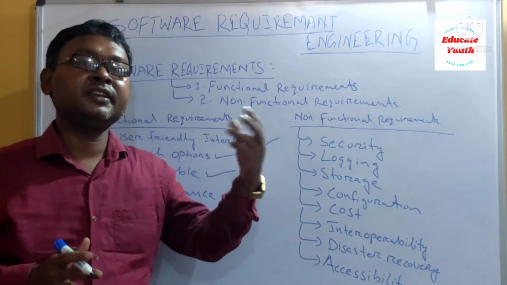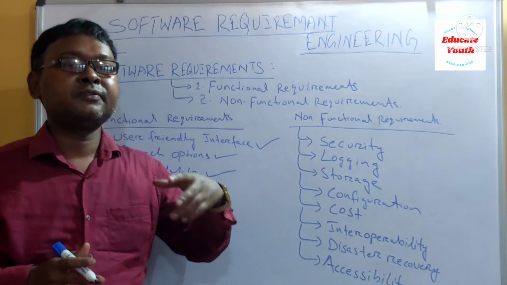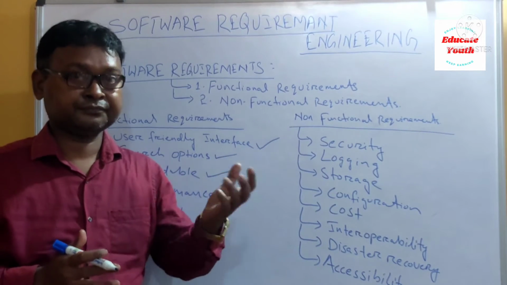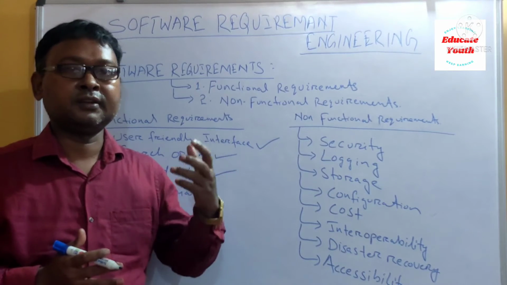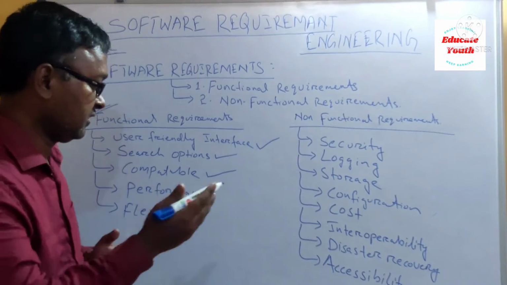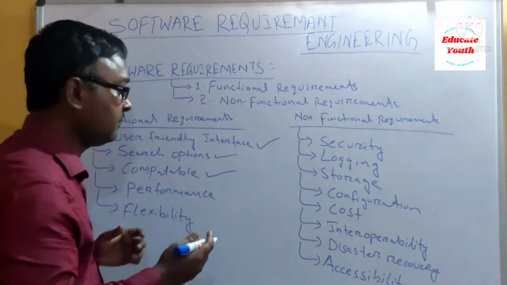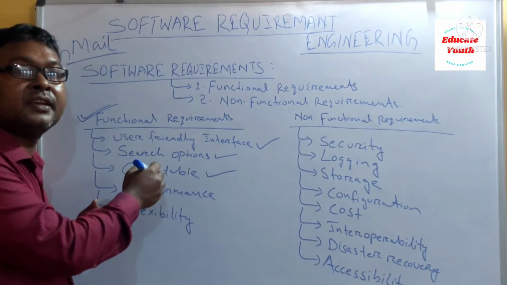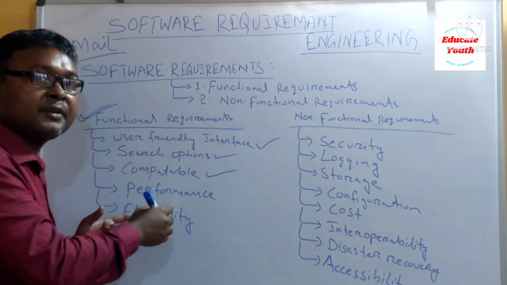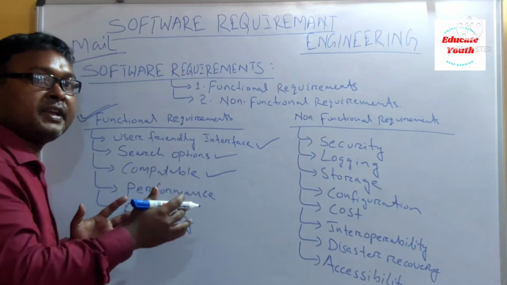Your application should be able to run on any kind of platform. For example, if I am using an Apple system, my Gmail should work there, and I can use my Amazon or whatever application I have.